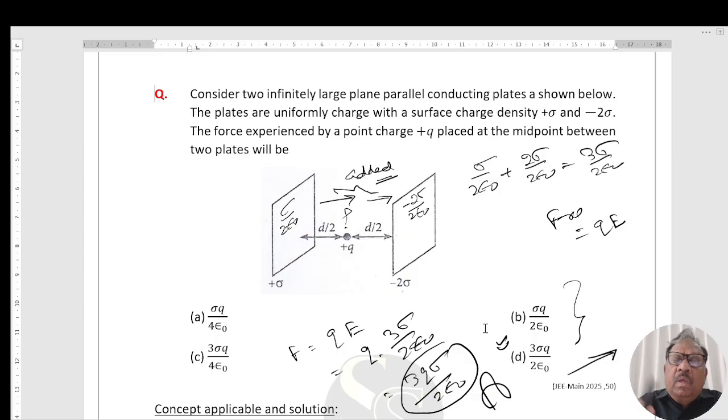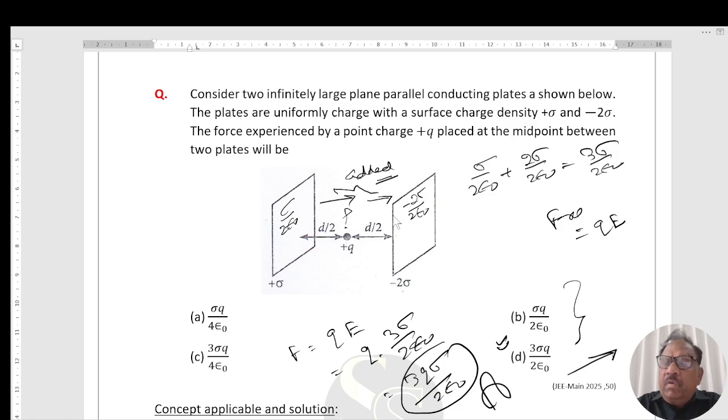Repeating again, we have to find the force at this point. To experience a force by the charge, there is electric field due to this. As electric field is a vector quantity, we should first know the direction. Direction of electric field is away from positive and towards negative.